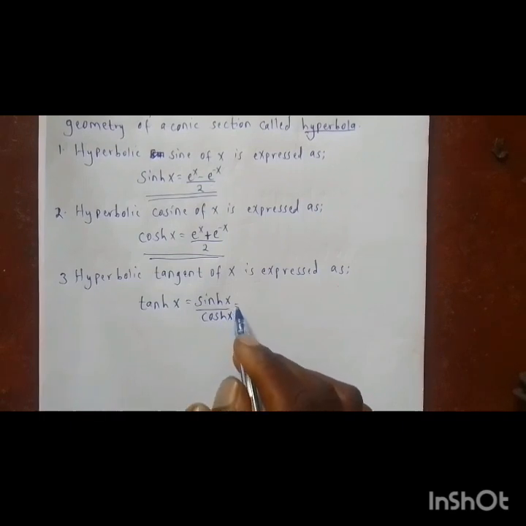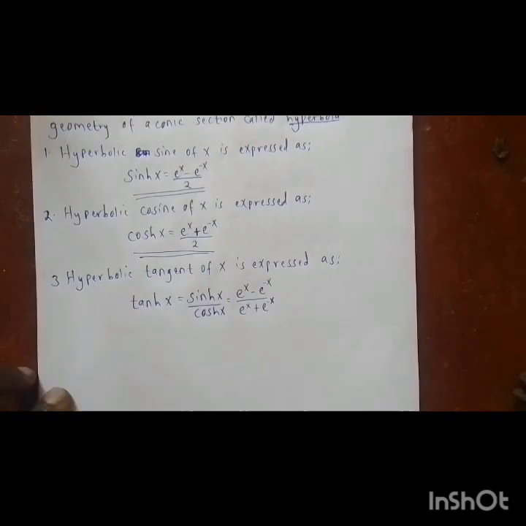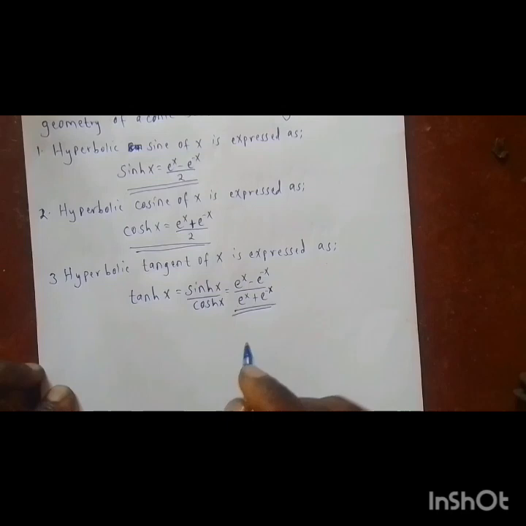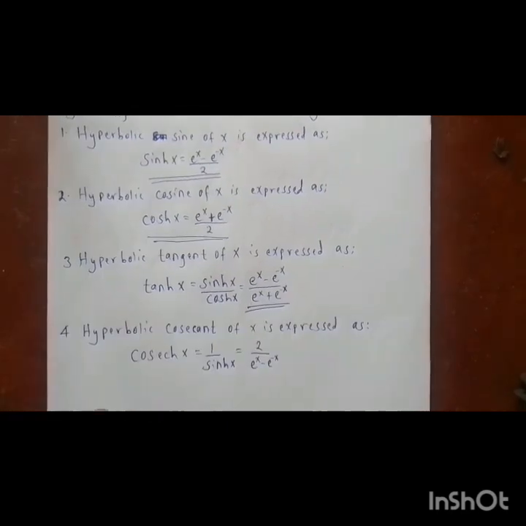So we express this as number 4, hyperbolic cosecant of x is expressed as the reciprocal of the hyperbolic sine of x, and so is given in this form.